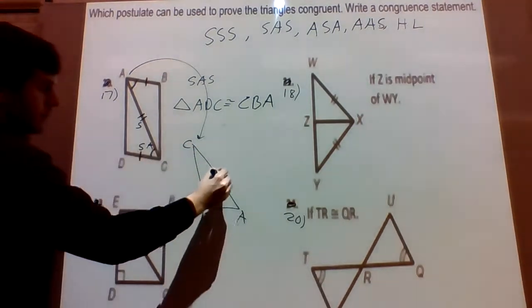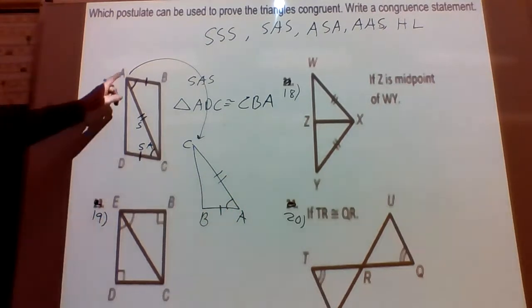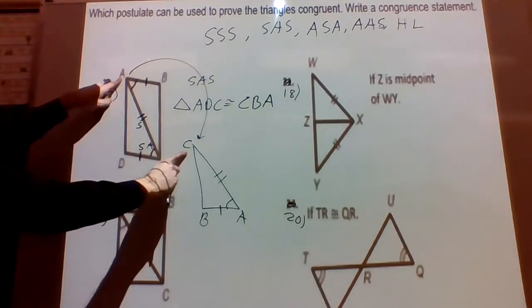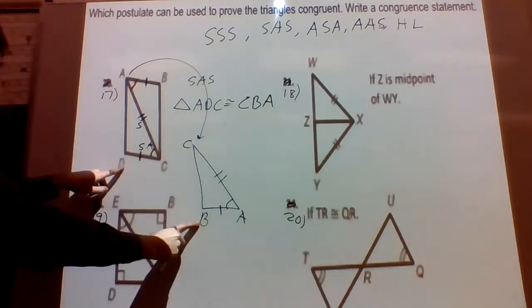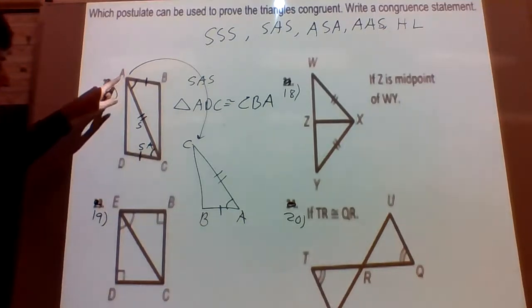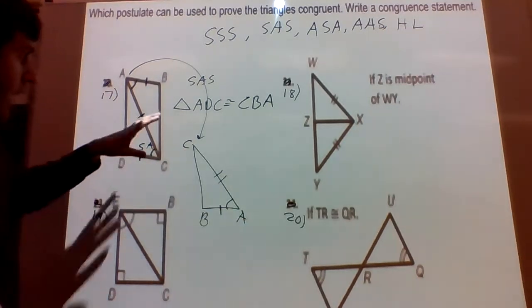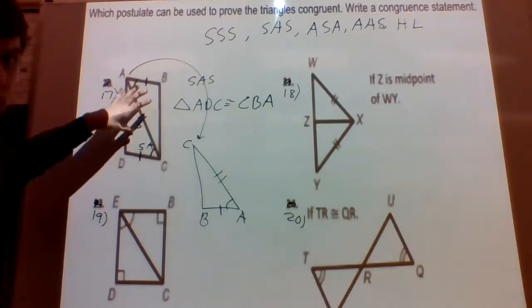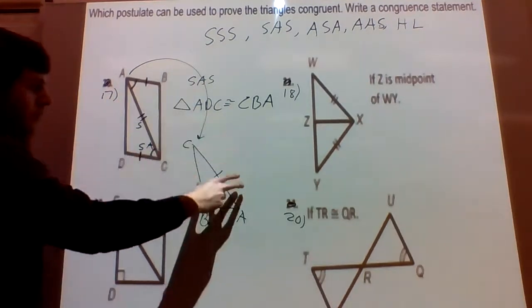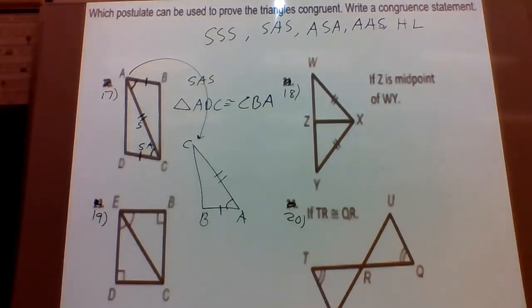So what corresponds with A? C. D, B. C, A. So triangle ADC is congruent to triangle CBA. I don't know if it's easier to rotate it in your mind and keep it here or flip it and draw it separately, but however you want to do it, that's fine. As long as you get the right answer, it doesn't matter.